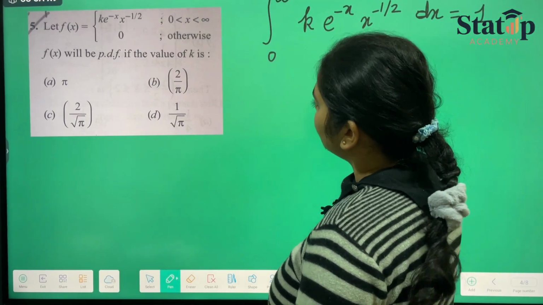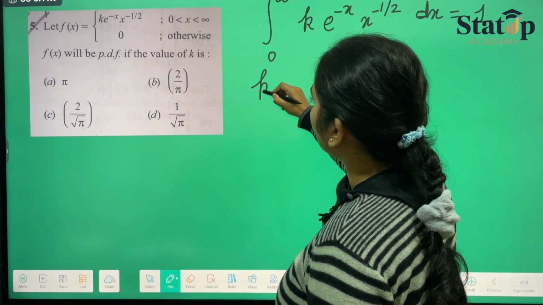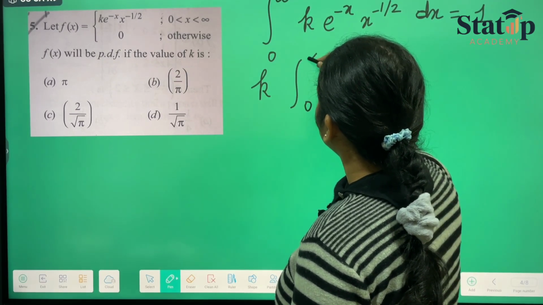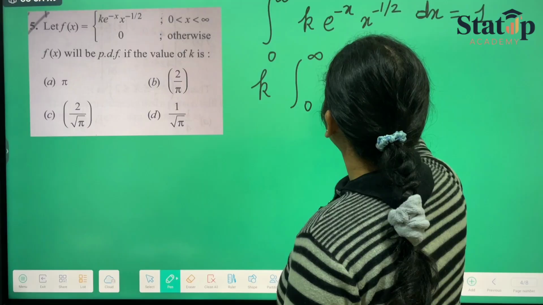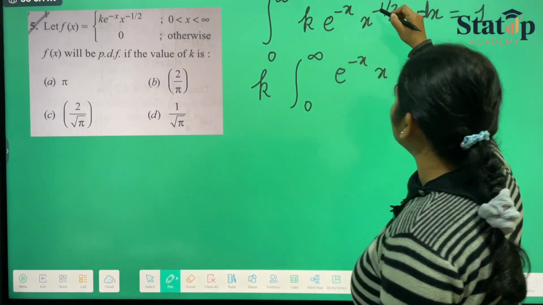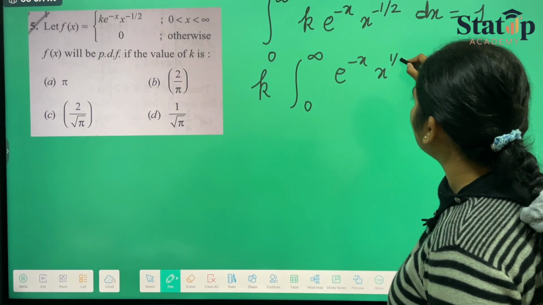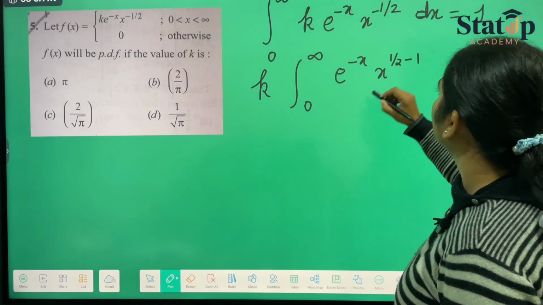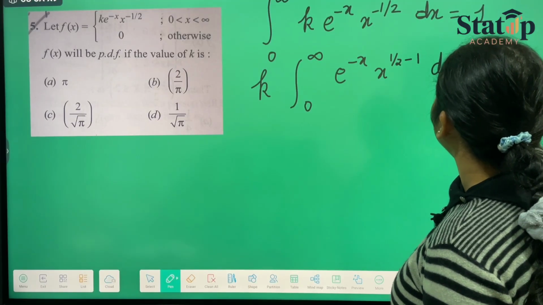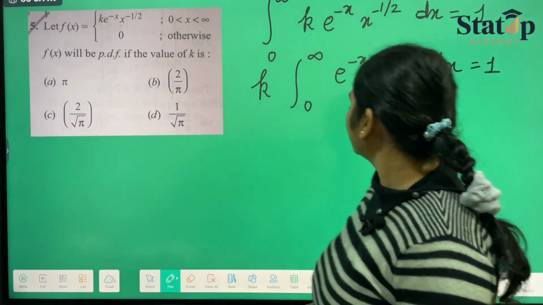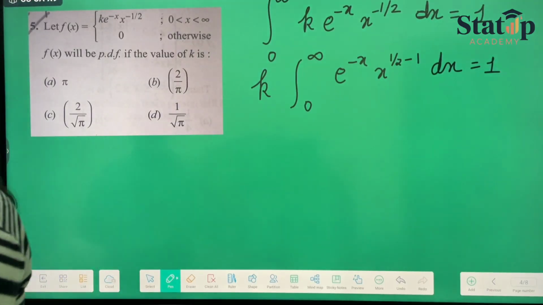Now if we see it clearly, k we can take outside. Integration from 0 to infinity of e raised to the power minus x, times x raised to the power half minus 1, dx equals 1. We can write it that way, right?